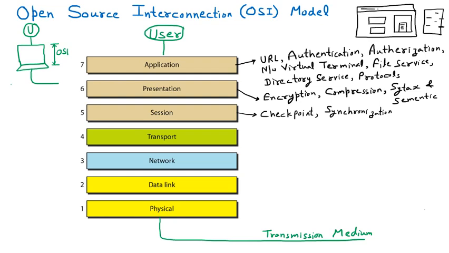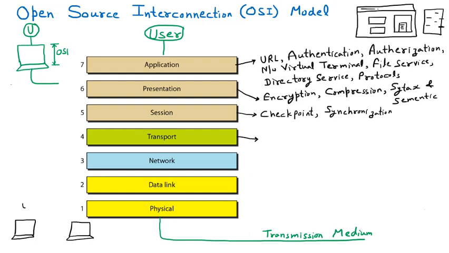Now we're moving further, going to the transport layer. Supposedly this is your system and this is my system. We both are having the system.